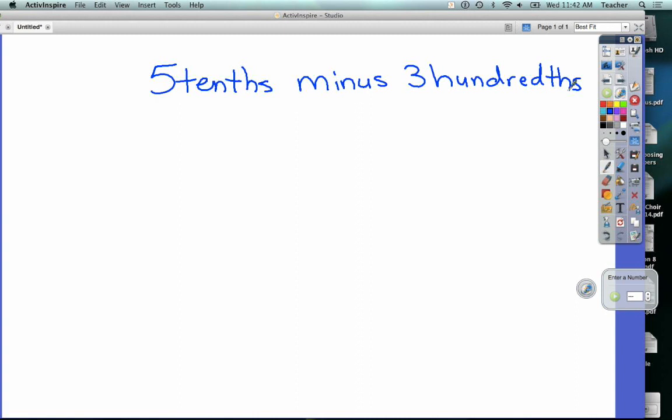Michael said the answer is 2/10 because 5 minus 3 is 2. Is he correct? I'm going to go through and show you how this would look. 5/10, what would that look like in standard form? 5/10. Okay, so 5/10 minus 3/100, what would that look like?